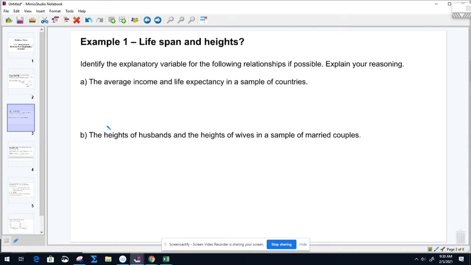So if you look at these two, we have two different examples, lifespan and heights. Identify the explanatory variable for the following relationship. So we're looking for what the X value would be. Okay, so this is saying the average income and life expectancy in a sample of countries. So is the average income or is the life expectancy the explanatory variable?